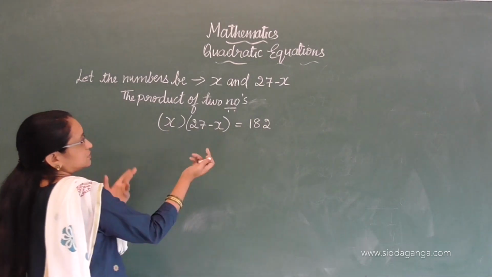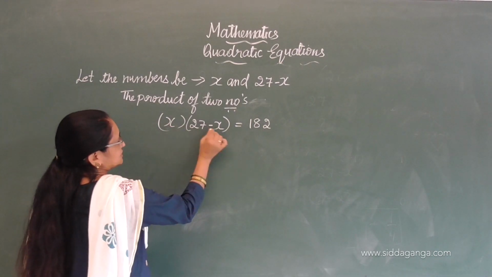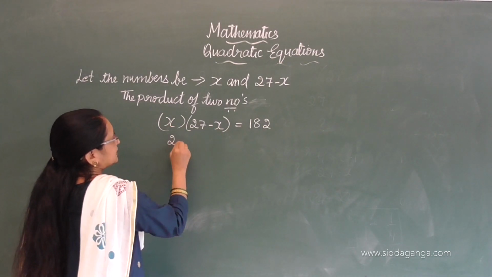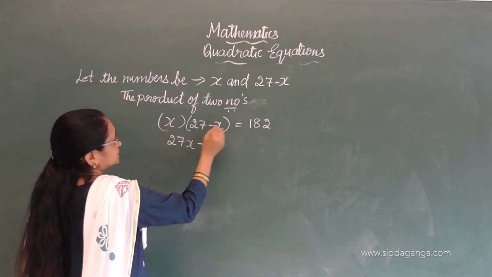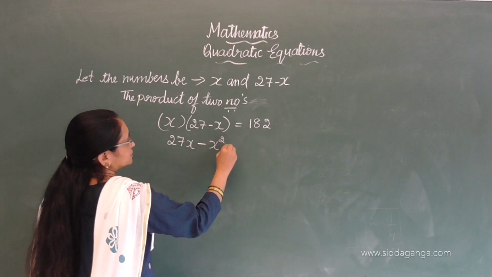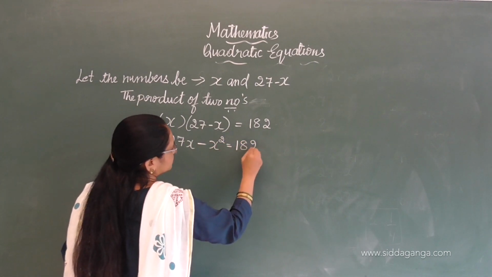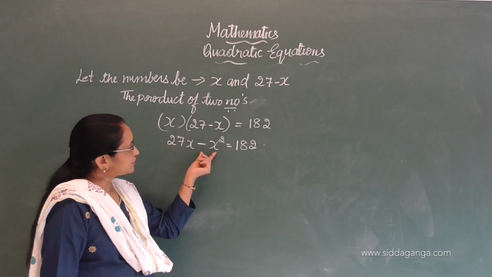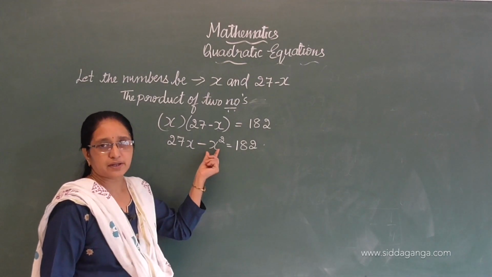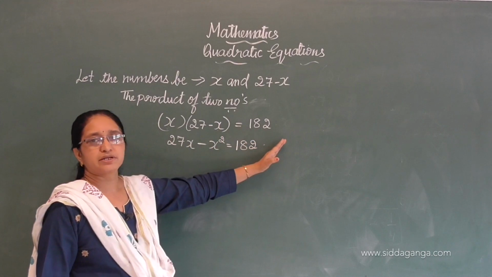See here, now we will simplify this. So 27x minus x square is equal to 182. Now let us bring it to the standard form. I don't want to keep this minus x square, so I am going to bring it to the other side.